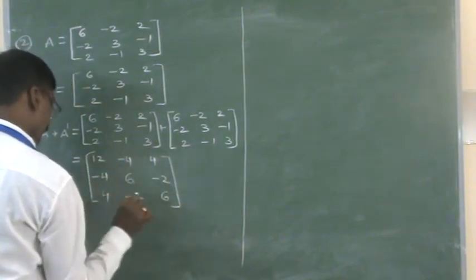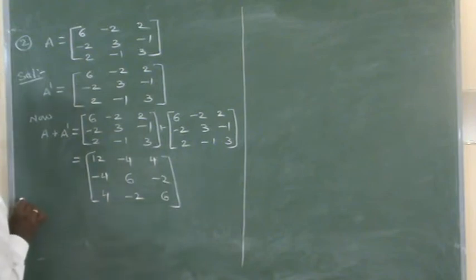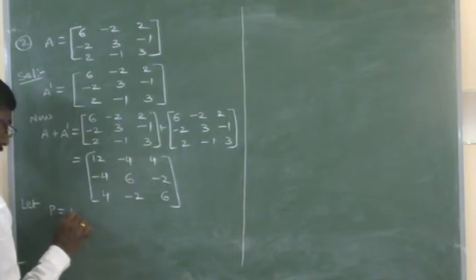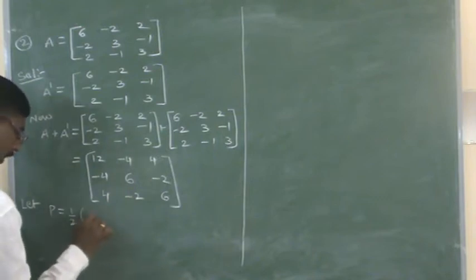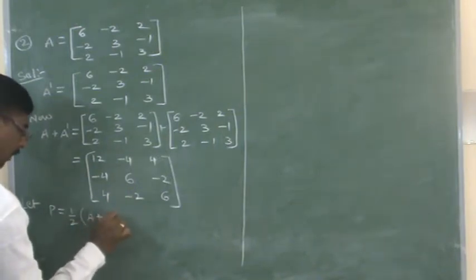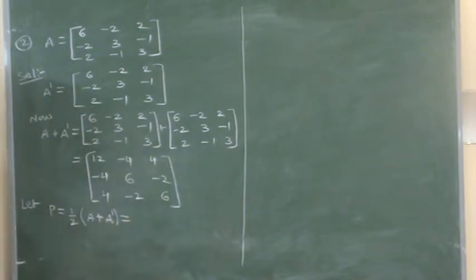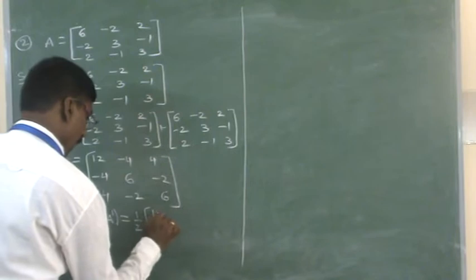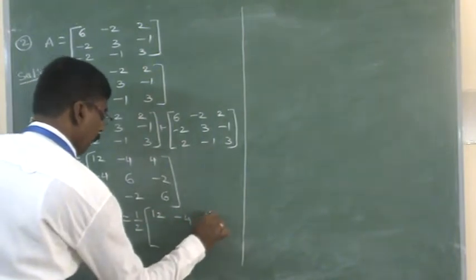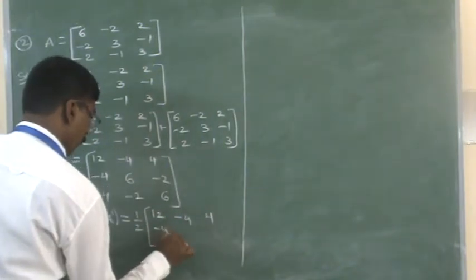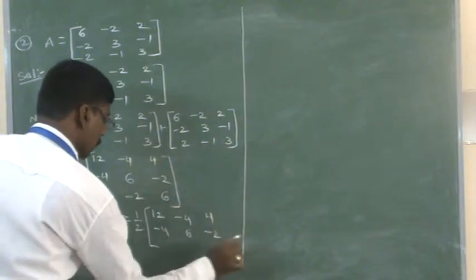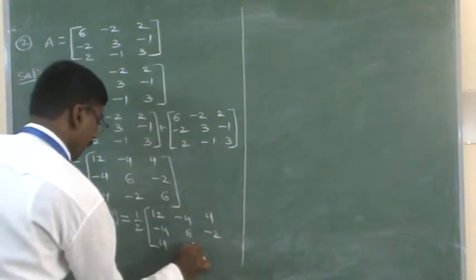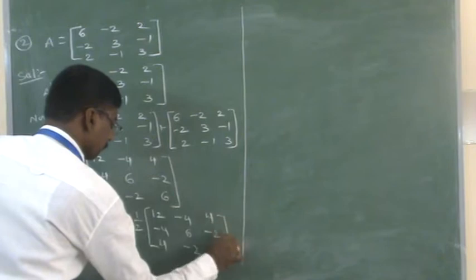Here we make the assumption: let matrix P be written as 1 by 2 times A plus transpose of A. That is 1 by 2 times the matrix 12, minus 4, 4; minus 4, 6, minus 2; 4, minus 2, 6.